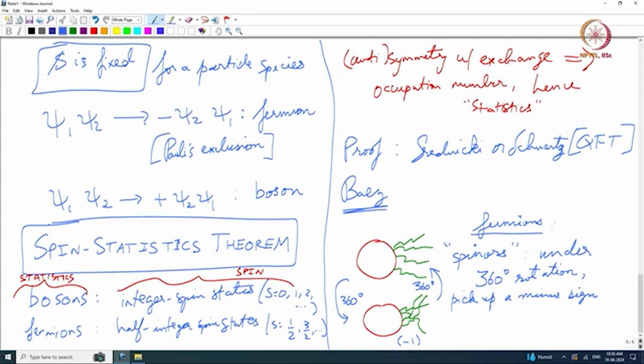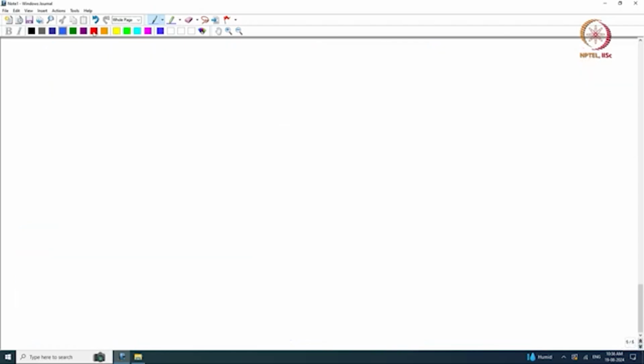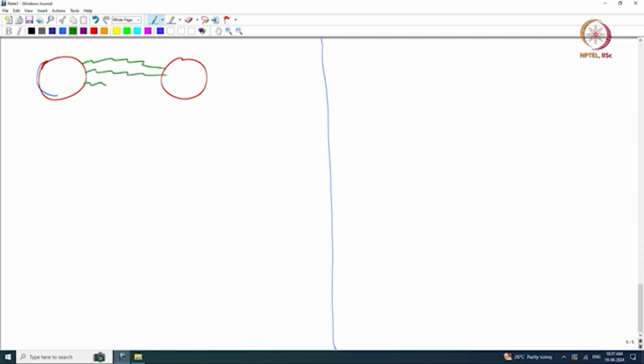What about statistics, that is, what about particle exchange? It is like this. Imagine that I have two balls with strings attached between them, that are at this point not entangled.